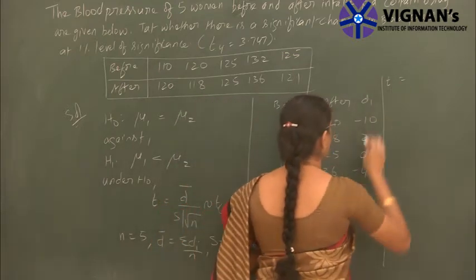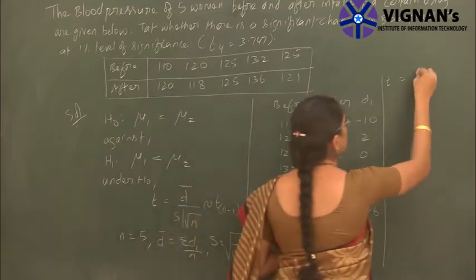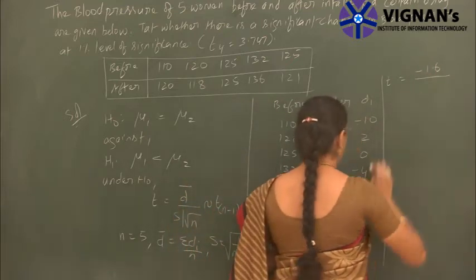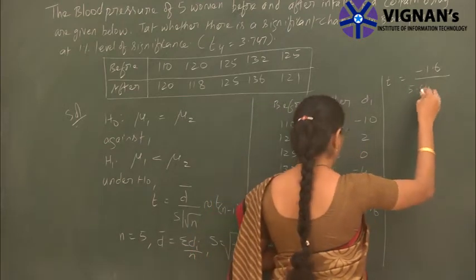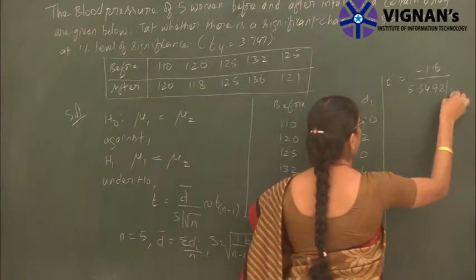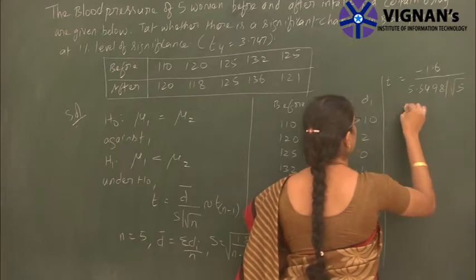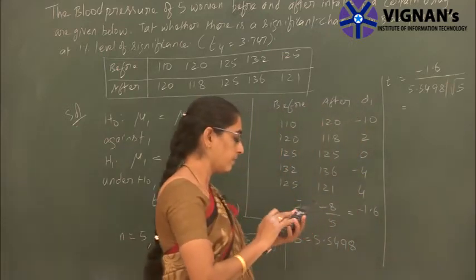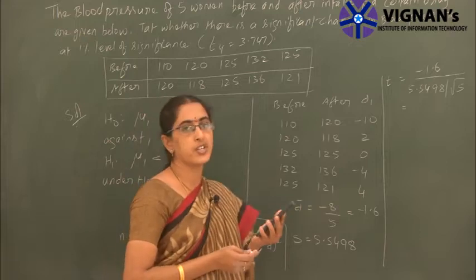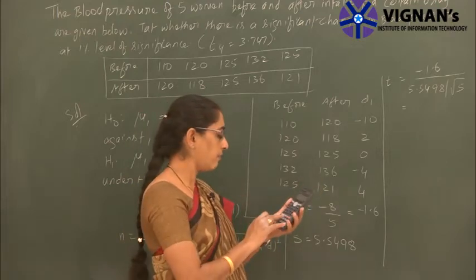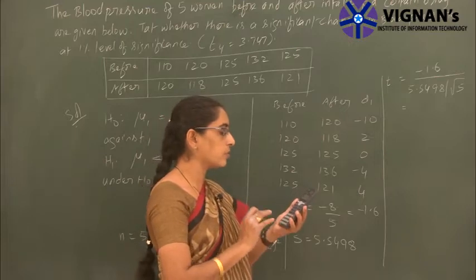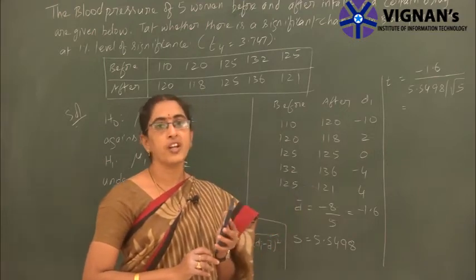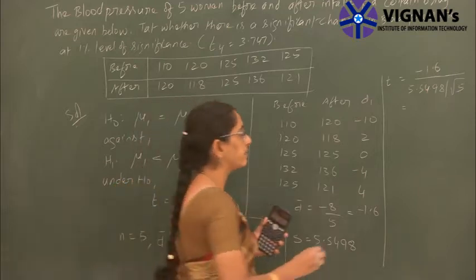Now T equal to D bar by capital S by root n, that is minus 1.6 by 5.5498 divided by root 5. So root 5 is 2.2361, then 5.5498 divided by 2.2361 is 2.4819.